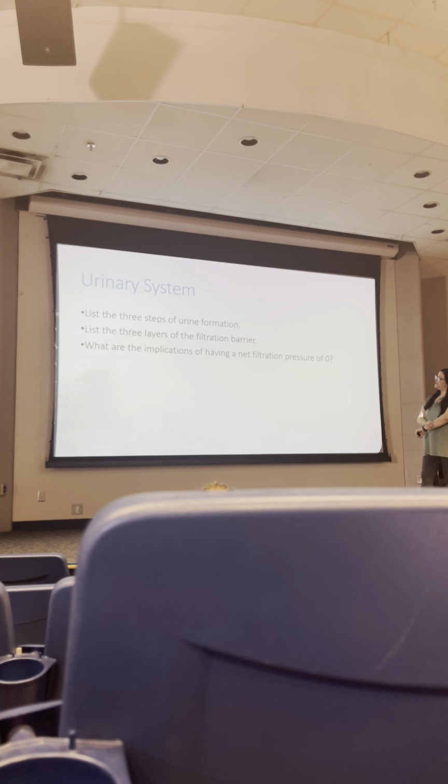So if we were to have a net filtration pressure of 0, what does that mean? It's equal, so this is telling us something extremely important. If I have a net filtration pressure of 0, am I making urine? No. Net filtration pressure, do you guys remember when we looked at there's 3 pressures inside the glomerulus?